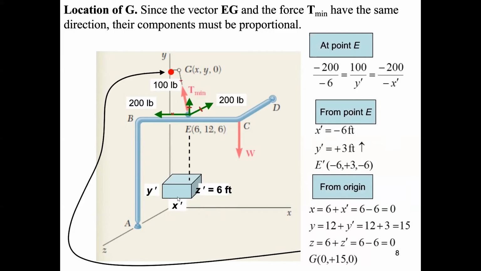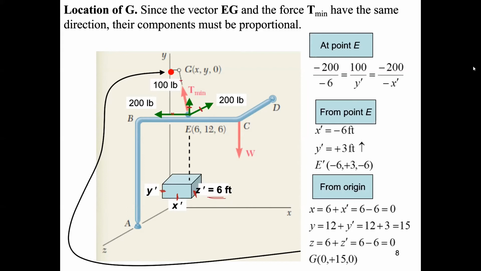We also have x prime in the negative x direction, y prime in the positive y direction, and z prime in the negative z direction. Notice that z prime is equal to 6 feet.